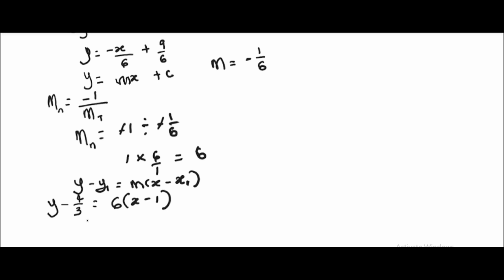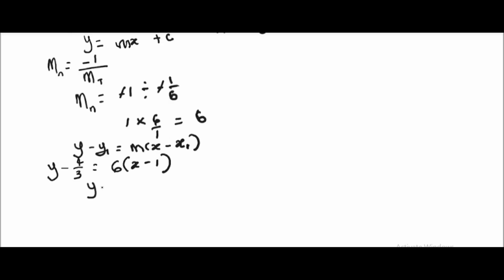So we'll have y minus 4 over 3 is equal to 6x minus 6. So in order to clear fraction, multiply through by the LCM of the denominator, which is 3. So we have 3y minus 4 is equal to 18x minus 18.